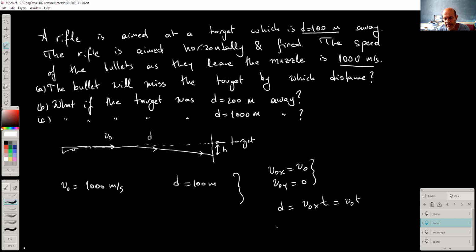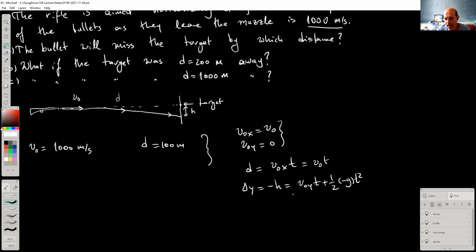But the displacement in the y direction, which is minus h, is given by this expression, but this term is equal to 0. So we essentially have a free fall from rest along the y direction. The distance it falls is given by this famous formula. There is no initial velocity in here.